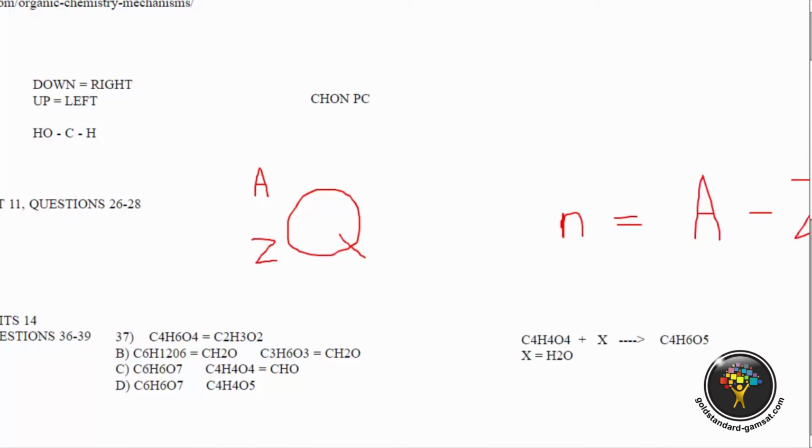Now we have to know what adding H2O means, because if you add water to something, of course it's hydration. When you add water to yourself, you say, I'm hydrating myself. Or if you don't have water, you're dehydrated. And so you know that adding water is hydration.